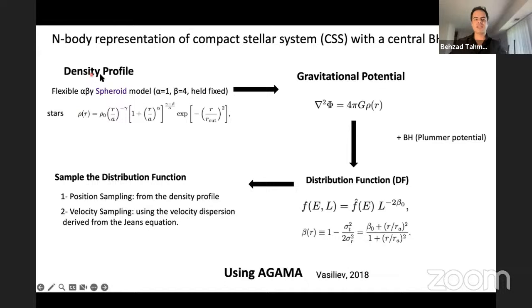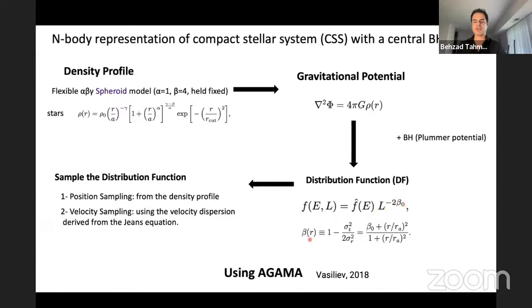After considering the density profile, we can compute the gravitational potential, and then we add a black hole potential, a Plummer potential. Using the potential and the density, we can consider the distribution function that can tell us about the distribution of the star velocities in phase space. We use a spherical anisotropic distribution function.